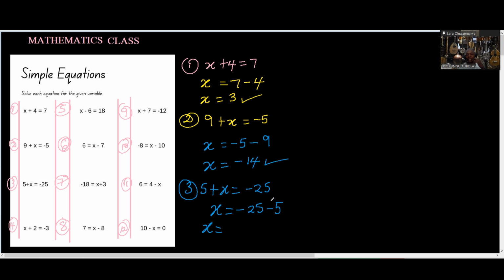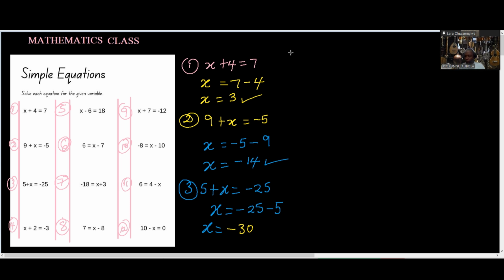Negative 30. You know, they are both negative, okay? Do you look at the one I did at the top? Because they are both negative, I simply increase the value of the negative to 14, right? So that'll be negative 30.